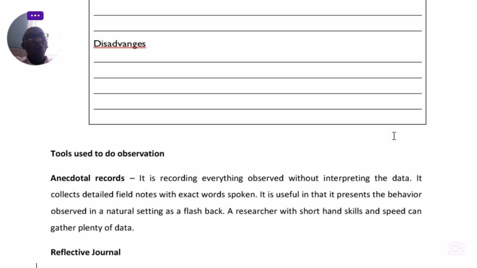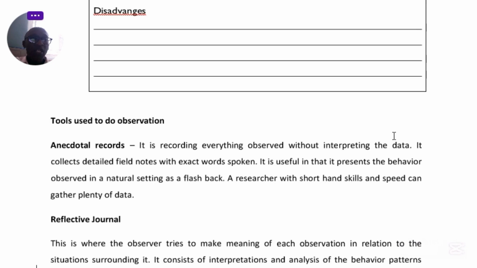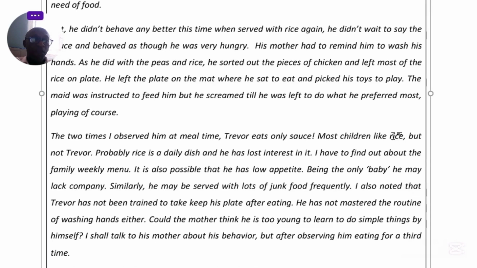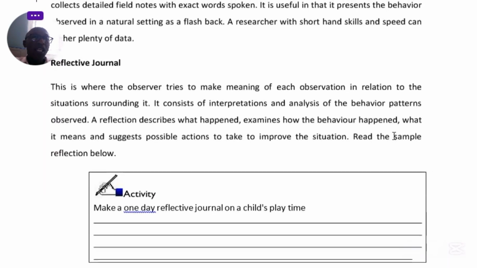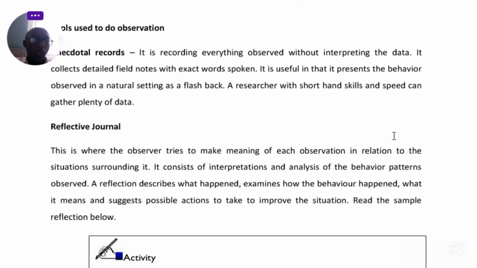In other words, you are out in the field recording your observations, recording the statements the child is making in the natural setting. So in this approach, you need to develop good shorthand skills and speed so that you can create a greater amount of data that you will present in your records. So that is what we call the anecdotal record.